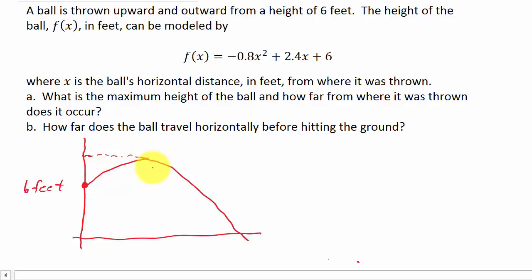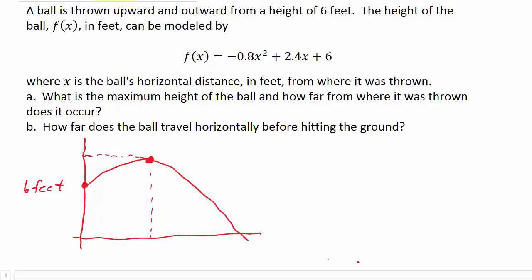And it also wants to know how far from where it was thrown does it occur. So how far from where we threw it does that maximum height occur? That's this distance from here to here.